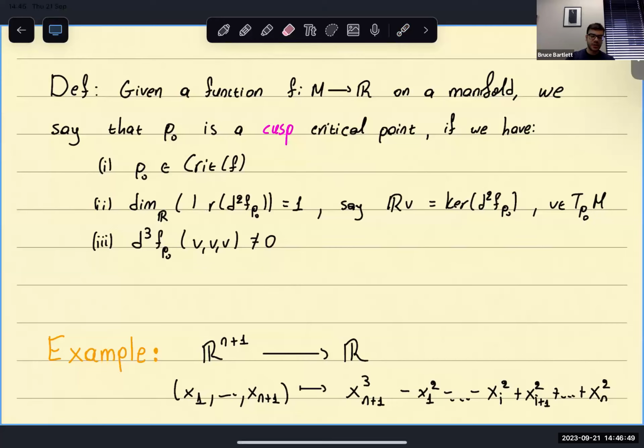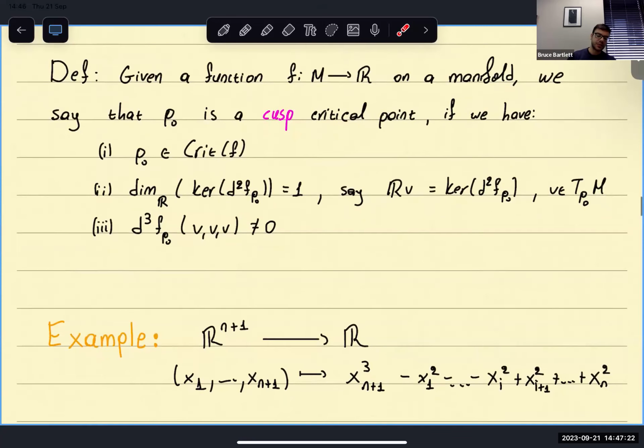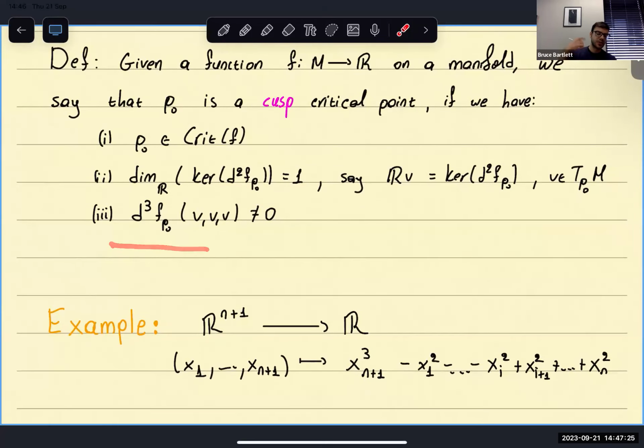The kernel of the Hessian, I don't want it to be 0-dimensional anymore, so I will ask for it to be 1-dimensional. That's the safest way I can relax this condition. If it's 1-dimensional, then it must be generated by some vector in the tangent space of M at P. So let me choose a vector that I'm calling V. And now I demand for V that the third intrinsic derivative evaluated at V, V, V is non-zero.